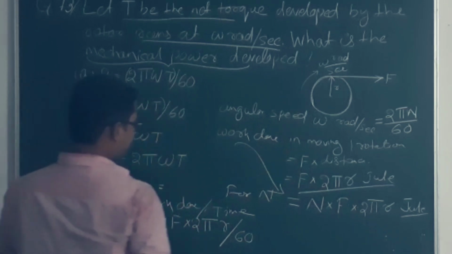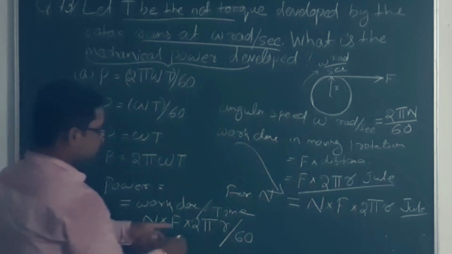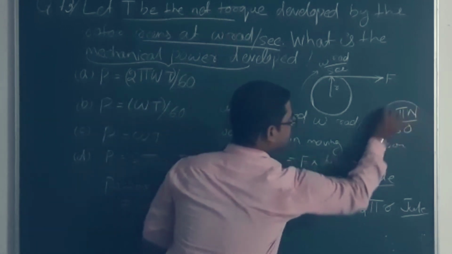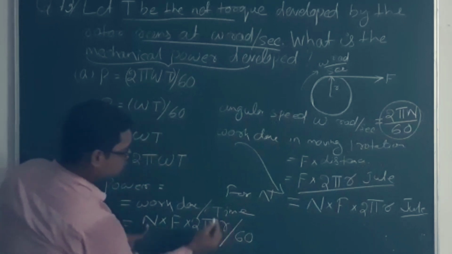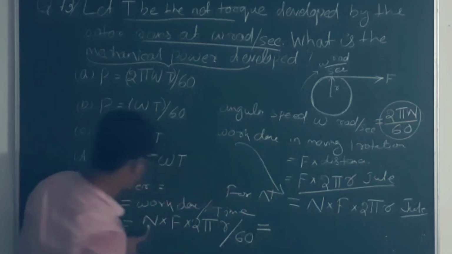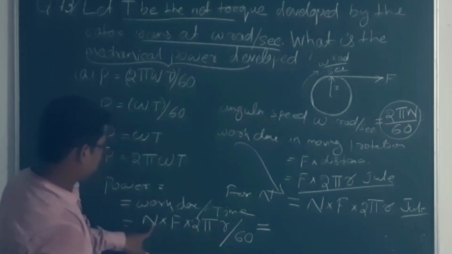Then, if we simplify this, we have 2 pi n by 60. So I am just simplifying this one.